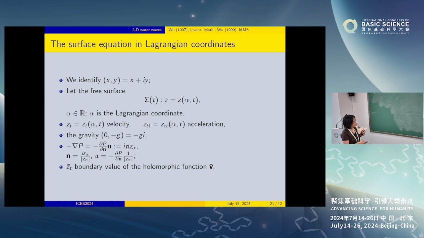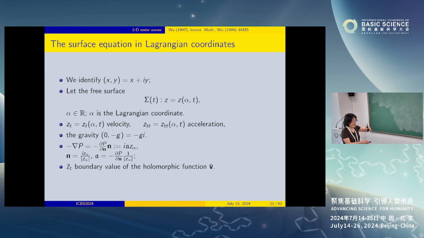Then the gradient of p: because the pressure is 0 on the interface, the gradient p points in the normal direction. You decompose according to the normal and the tangential direction, and only the normal direction survives. So it's negative dp/dn times n, where n is the normal. If the interface is z, taking the derivative in alpha gives the tangential vector.